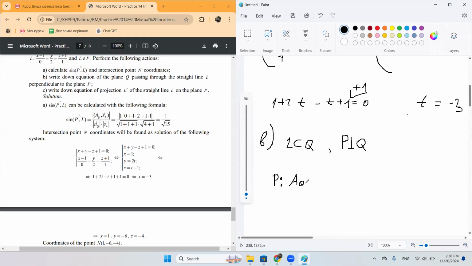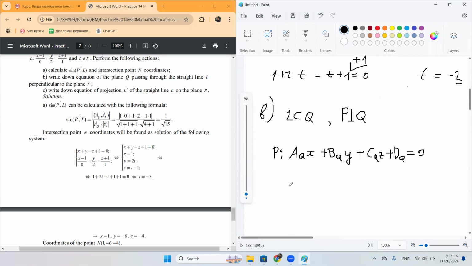So AQ x plus BQ y plus CQ z plus DQ equals 0.